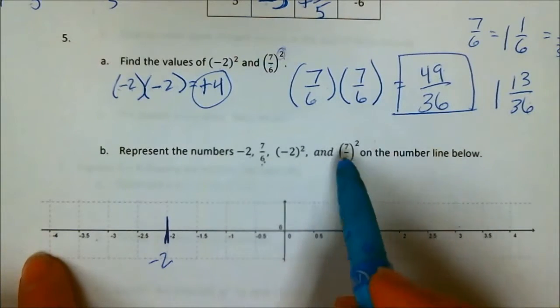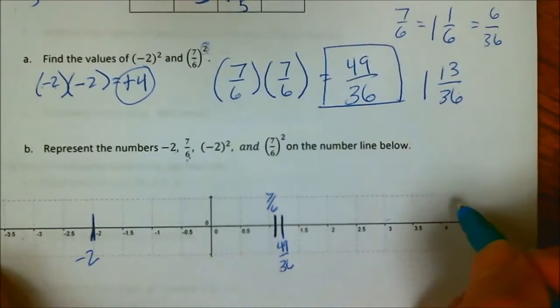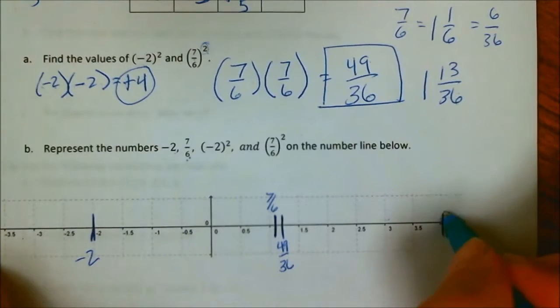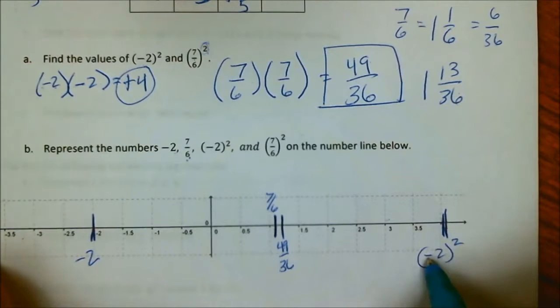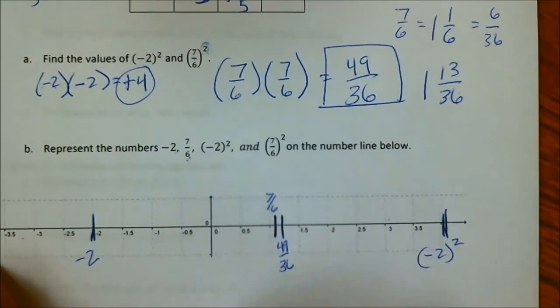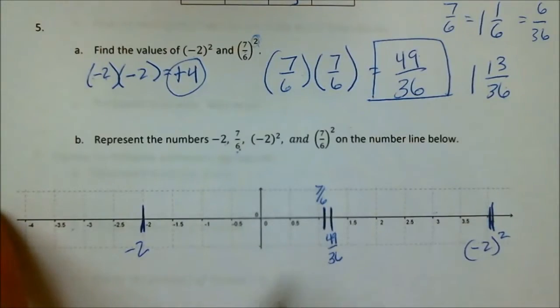Negative 2 squared is a positive 4, which means it goes right here on the number line. Even though there's a negative there, we know the value of this when we multiply negative 2 times negative 2 is a positive 4. Don't forget that. All right? So that's what your number line should look like.